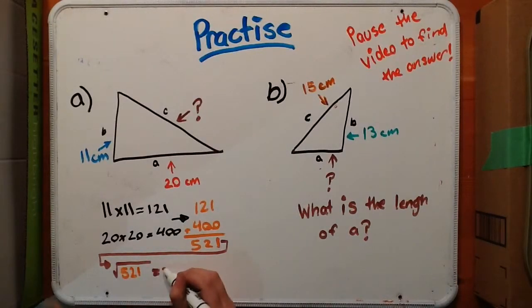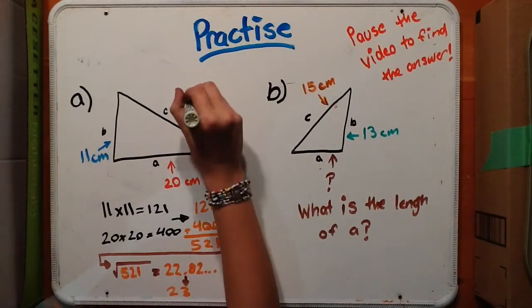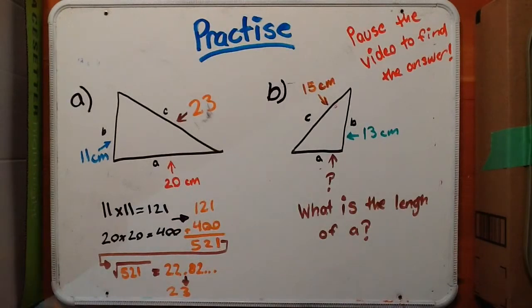And the square root of 521 is 22.82. Now, to simplify it, we're going to round it up, so we're going to make it about 23. So the question mark is now going to change to 23. So, C is equal to 23 centimeters.